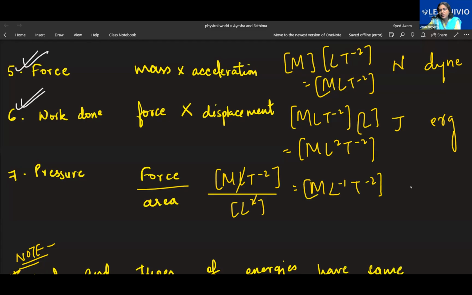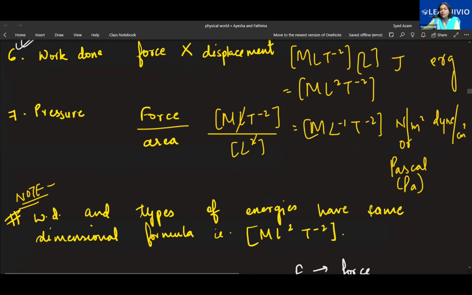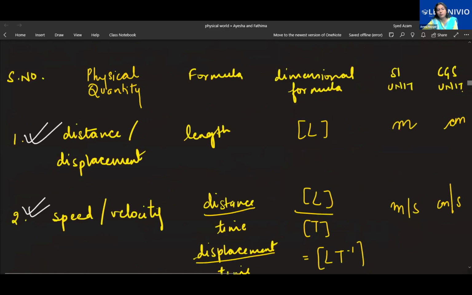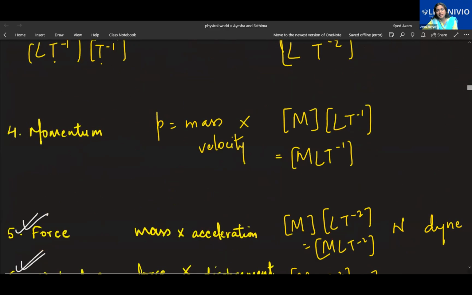Pressure is Newton per meter square, or you have one more unit for pressure, that is Pascal, represented as Pa. The CGS unit will be dyne per centimeter square. So this is the note point which I was referring to: all types of energies have the same dimensional formula, ML square T to the power -2. So class, out of this table, work done, force, acceleration, speed, and distance are of prime importance. Please start writing from here.